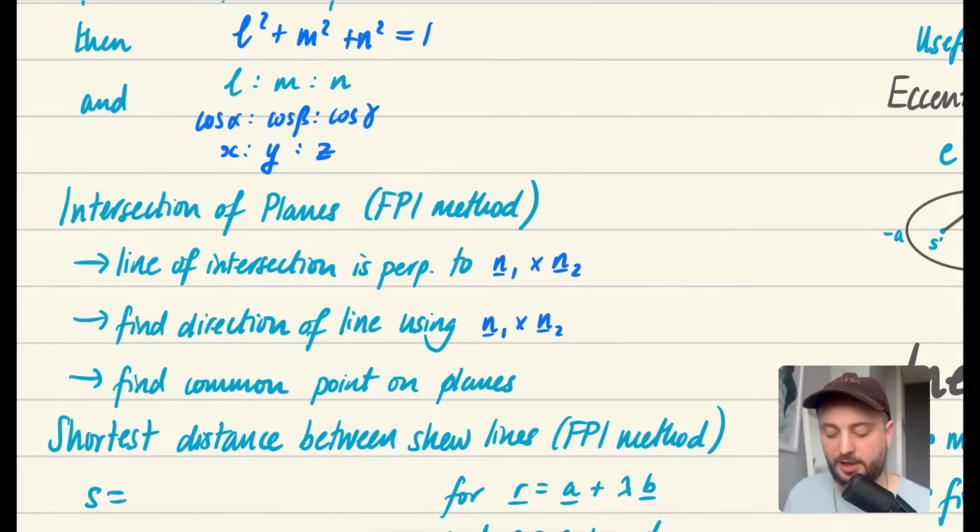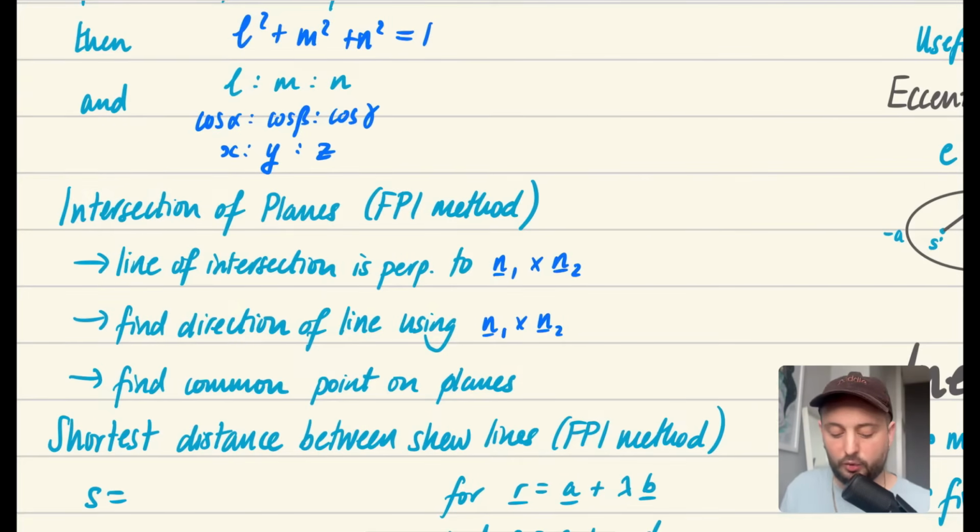That will give you a vector that's perpendicular to both of them, which is the direction of the line. And then you just need to find a common point on the planes, and our standard formula for the equation of a line would just be r equals a point on the plane plus lambda lots of the direction of that line.